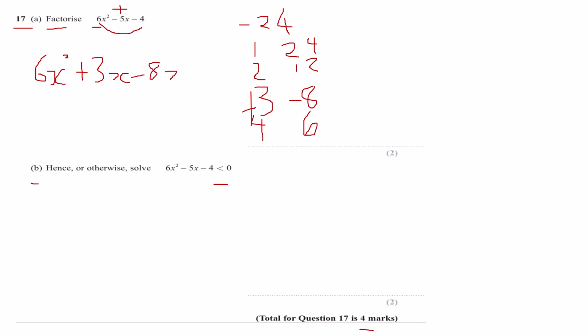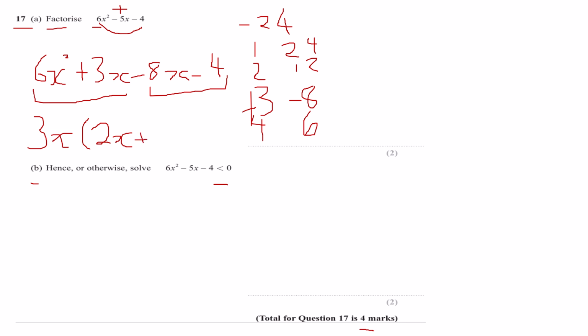This is called the splitting the middle term method. I'm now going to factorize each component separately. Factors of 6x squared and 3x: that will be 3x in brackets, 3x times 2x makes 6x squared, and 3x times plus 1 makes plus 3x.